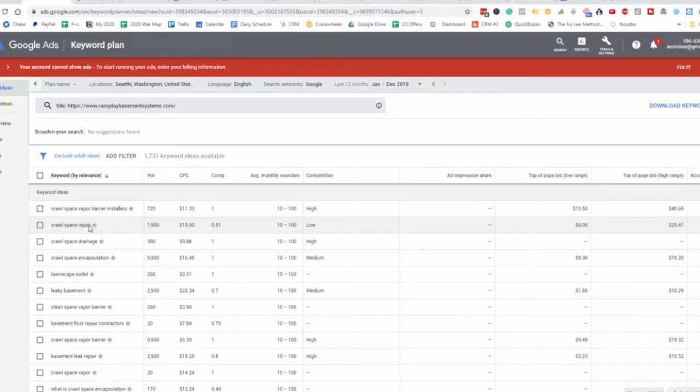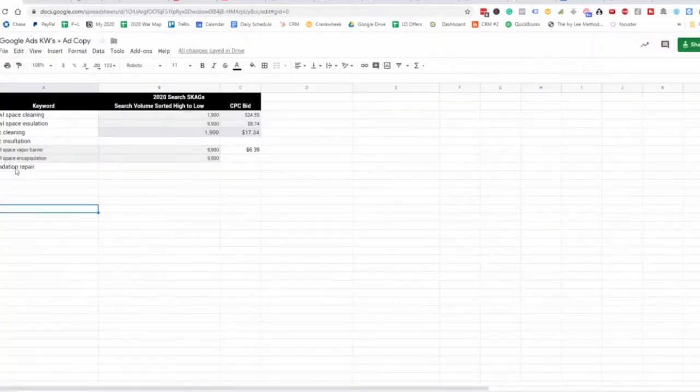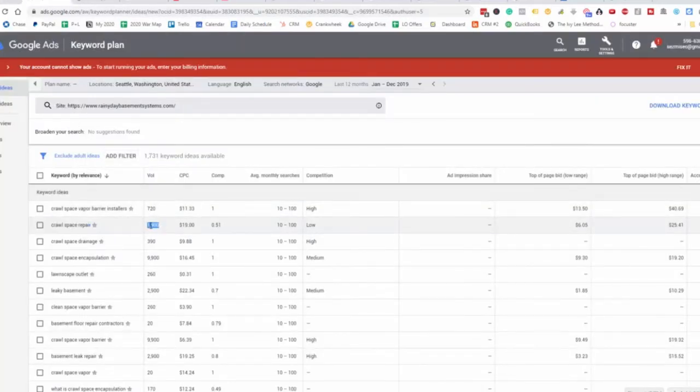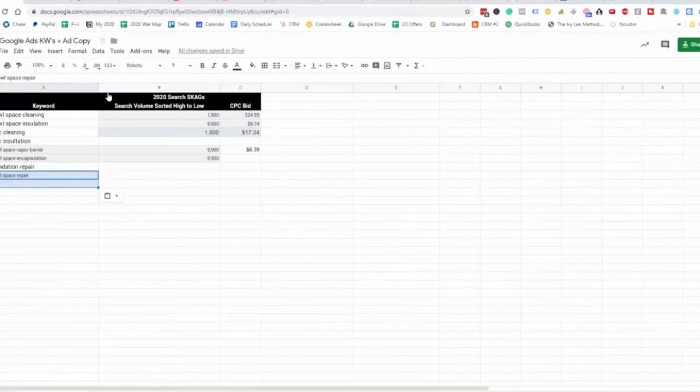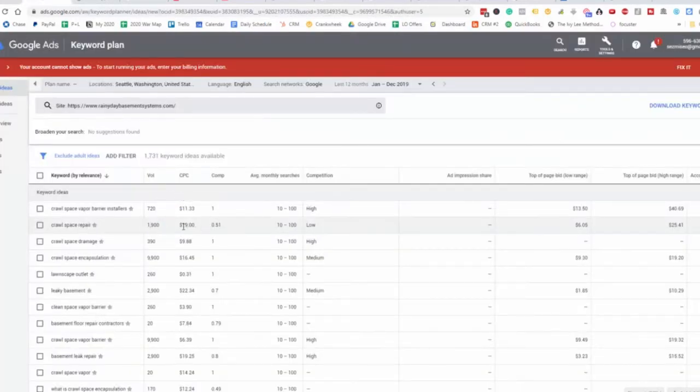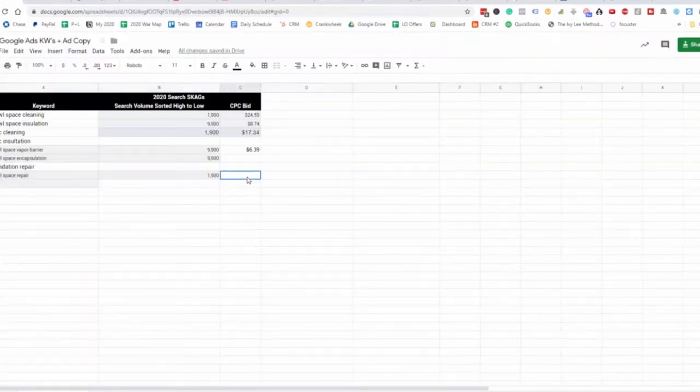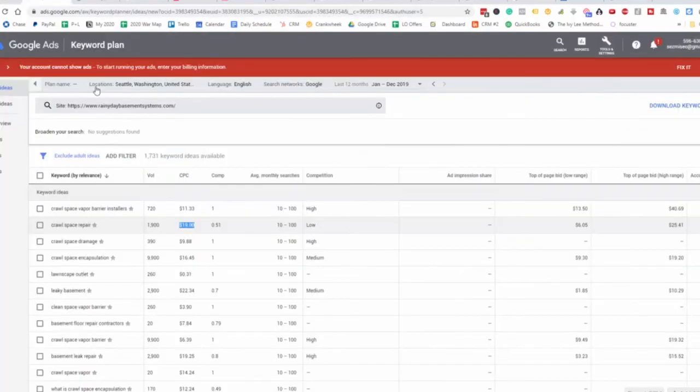So crawl space repair, this can be another keyword here. Let's go back. Crawl space repair. We can put the search volume here. Okay, great. What's the cost per click? $19. Okay, let's see what else we can do. Crawl space drainage.